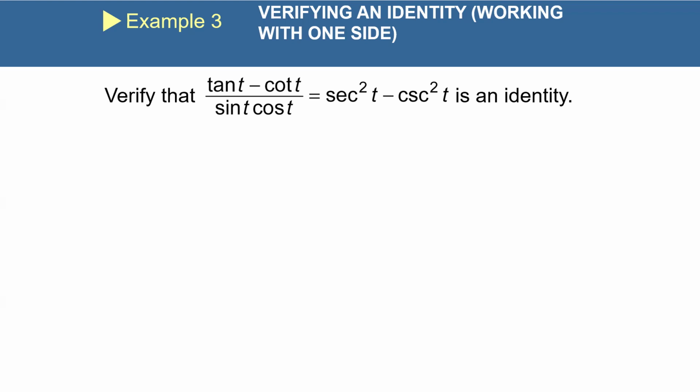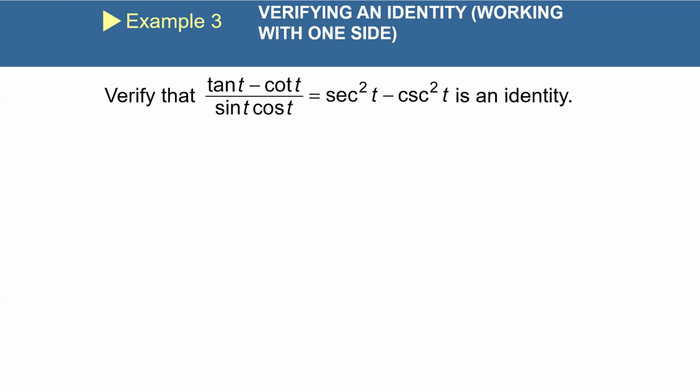The bottom is cosine squared times sine squared, right? Do you remember difference of two squares? You see the little teal poster right there? When you have two perfect squares, they factor out.